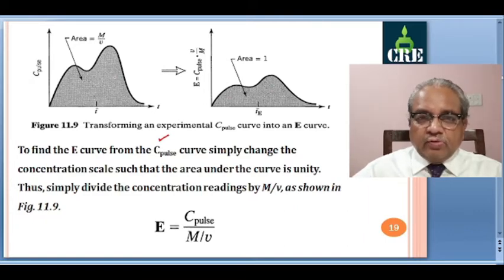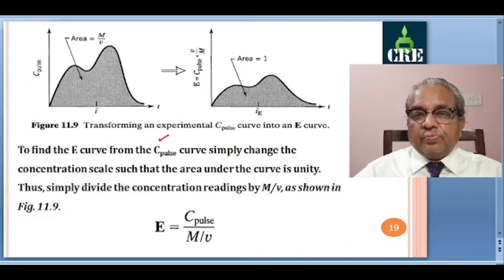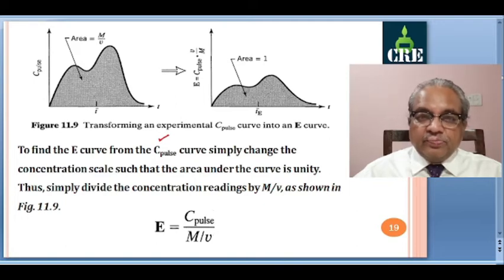So this area we have to convert to 1. This area is m by v, so if I multiply by v by m, that will be normalized. So simply divide the concentration reading by m by v, or multiply by v by m, and that will give you the E curve.